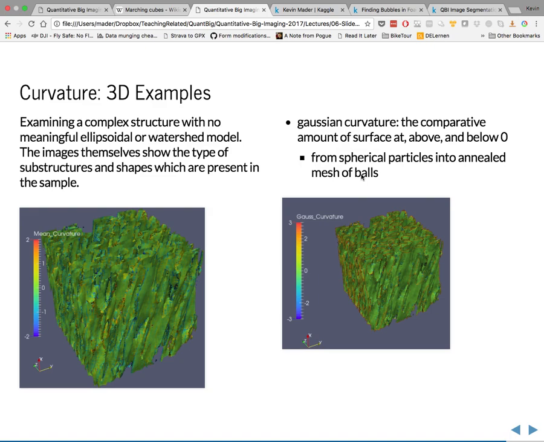And so to try to track them throughout the whole course would be very difficult, whereas looking at curvature would be very easy. And that once you go from a spherical particle to sort of this annealed mesh, there would be a pretty strong change in that curvature, and so following that would give you some idea of how the experiment's progressing.